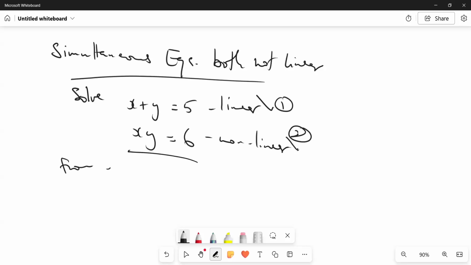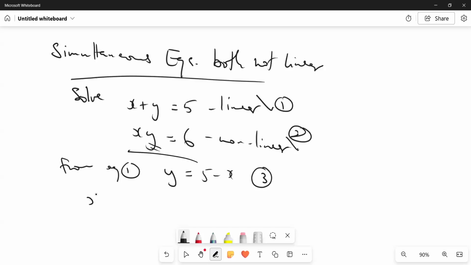From equation 1, we can get y equal 5 minus x, and we can call that equation 3 if we want. Now we can take this value of y, 5 minus x, and put it in the place of y here.